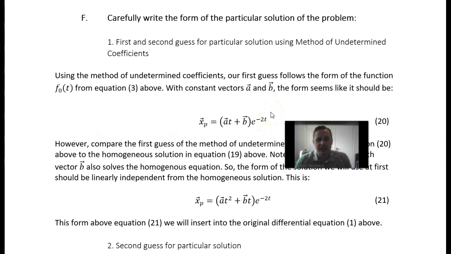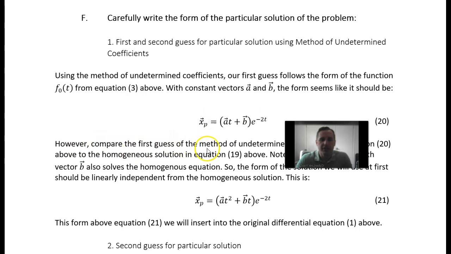A vector t plus b vector is a general first order polynomial with vector coefficients times this exponential that appears on the right hand side of the equation, namely having to do with the function, the particular function, since this is a non-homogeneous problem, the f vector.